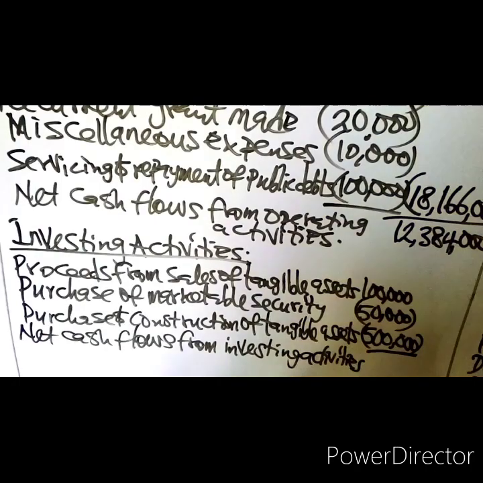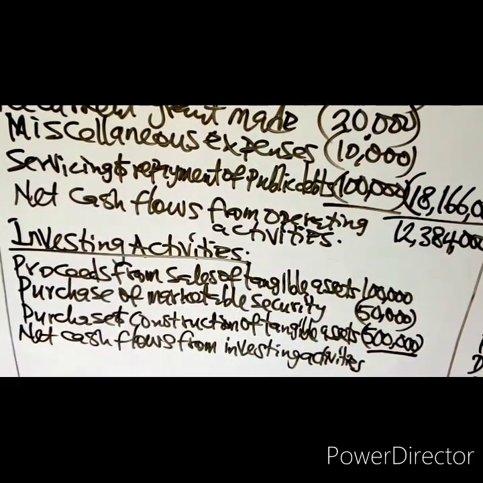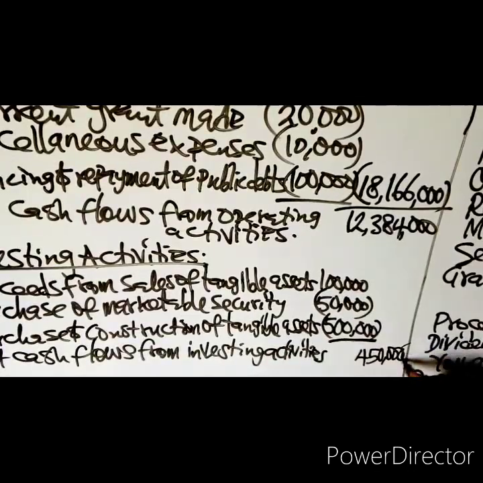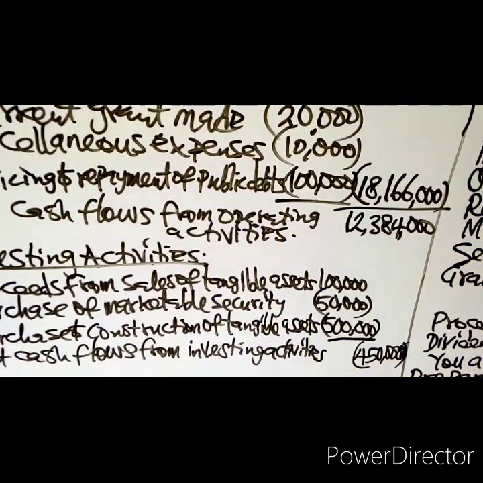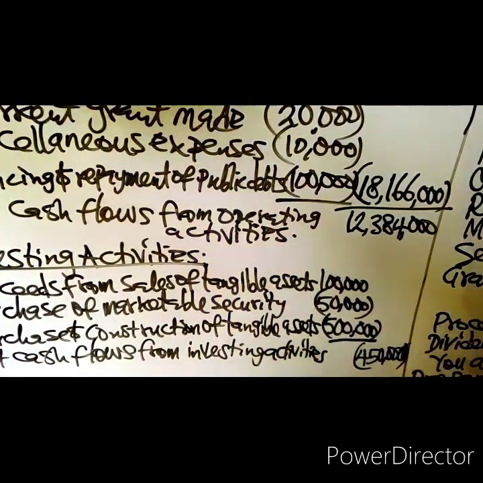Net cash flows from investing activities, and that is 450,000 outflows. We have considered the operating activities and investing activities.